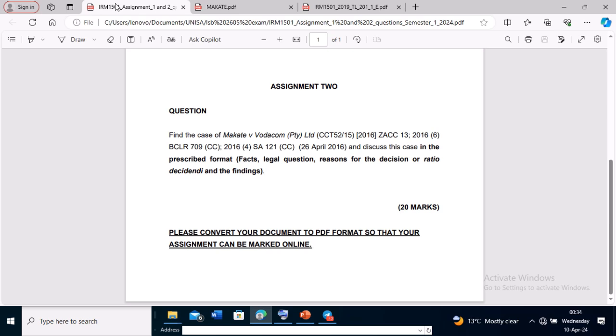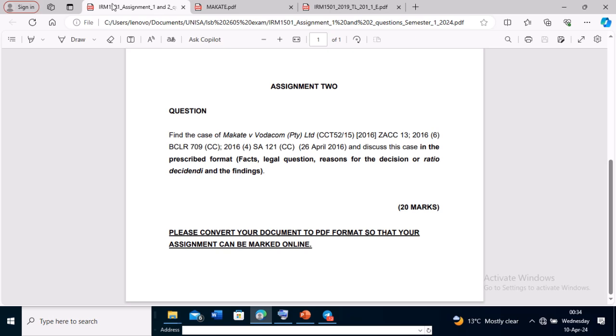Let me start with the format. If you're struggling with the format, it states: facts, legal questions, reasons for the decision or ratio decidendi, and findings. If you're struggling with this part, I'm going to put a YouTube tutorial video link which is going to help you, explaining starting from the facts and legal questions.